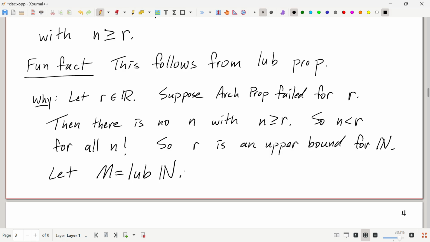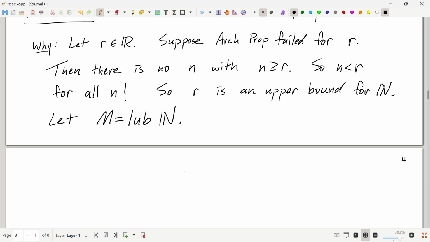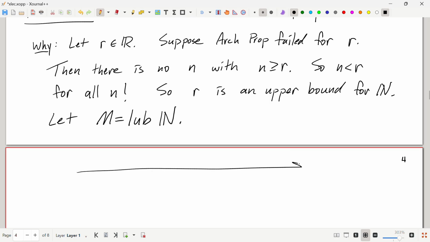One of those things we did, you remember my picture from earlier. I had a least upper bound, and I would have an m minus epsilon here. And epsilon could be anything small. Well, what would be the reasonable thing to do here? What should I take my epsilon to be?